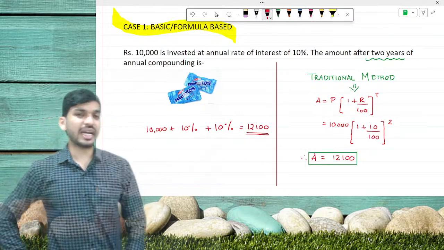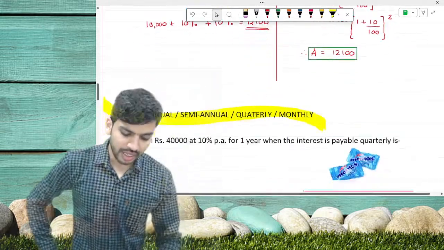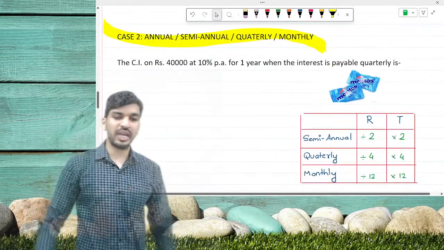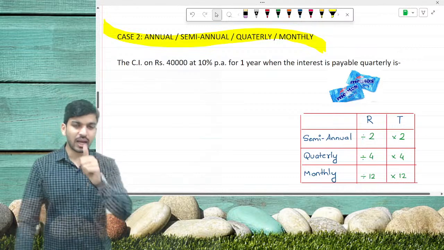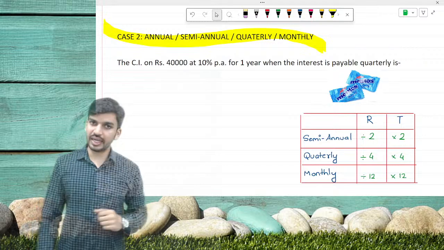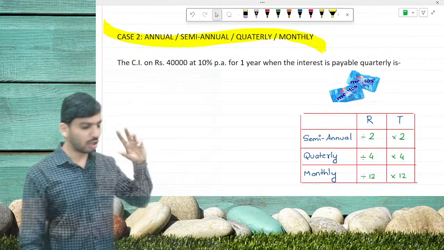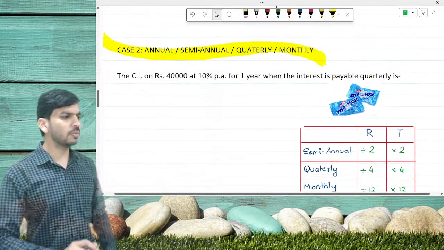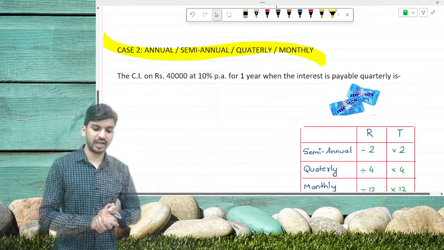Let's go for the next category, question number 2. That means the question can be based on annual compounding, semi-annual compounding, or quarterly compounding. Questions can be based on such types also, or it can also be monthly compounding. Correct?